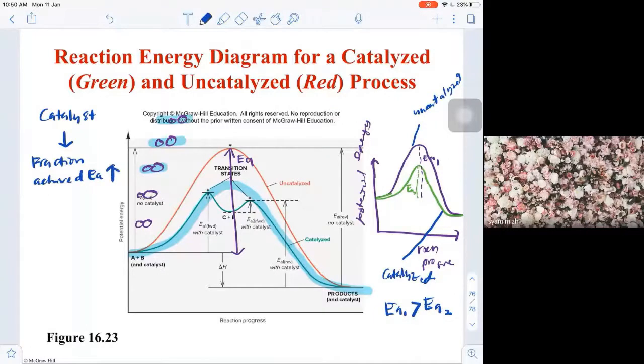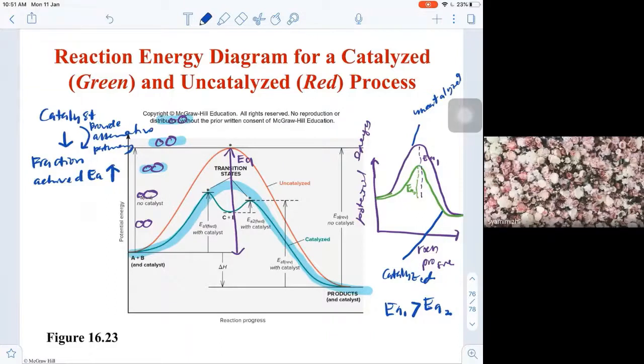From two sets only, now we have three sets that achieve EA. How do they achieve activation energy? By providing an alternative pathway.